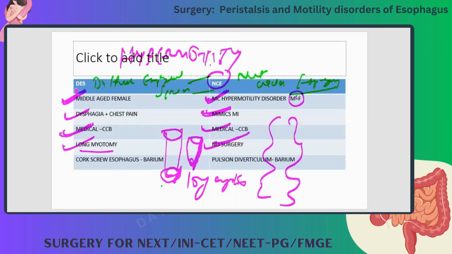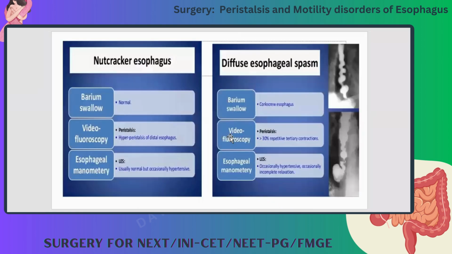Diffuse esophageal spasm will look like corkscrew esophagus on the barium swallow. While in nutcracker esophagus, there will be a diverticulum, because of increased pressure there will be outpouching from the esophagus. See these images. Are you able to see the images? Yes, sir.